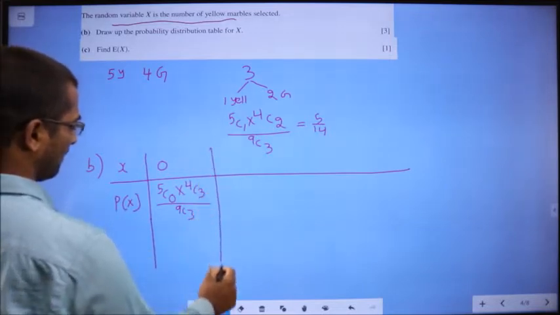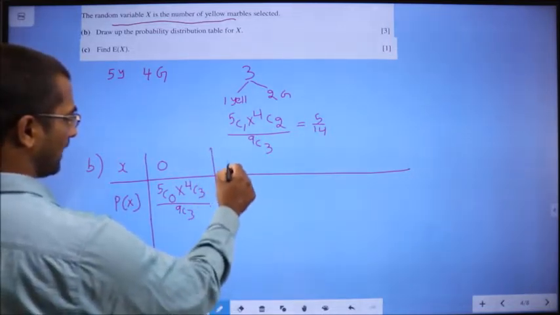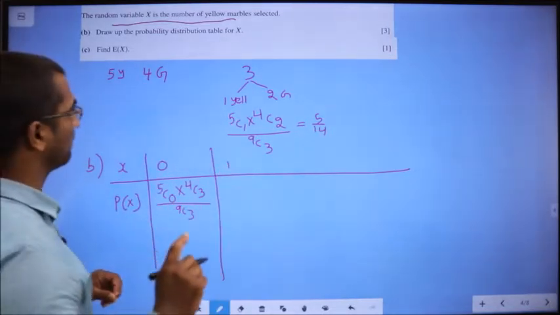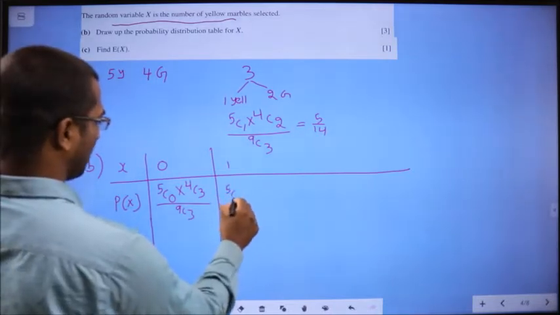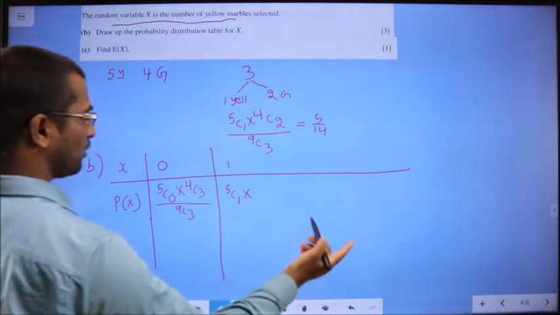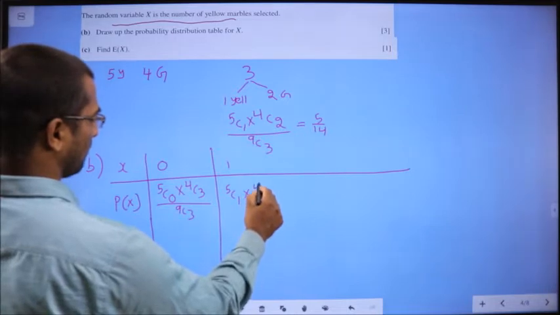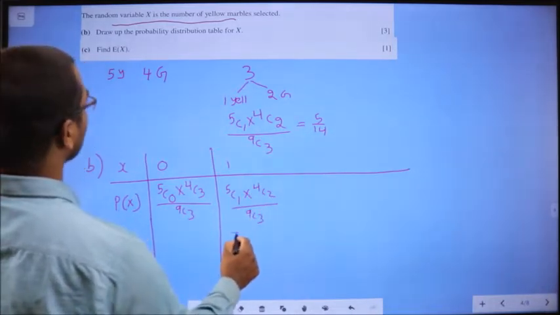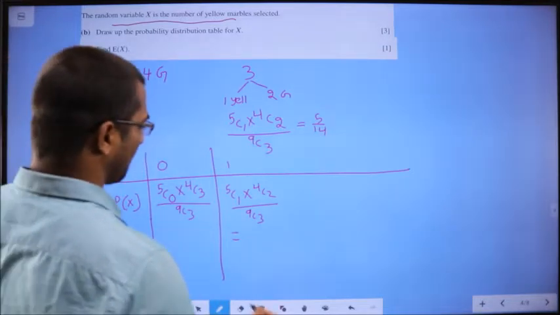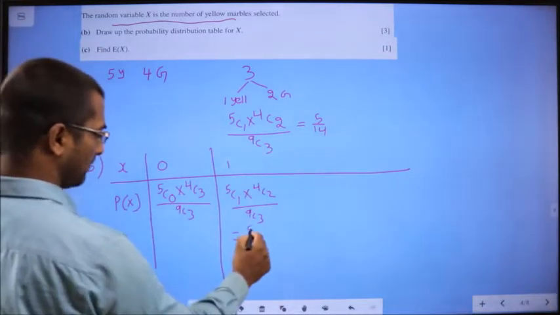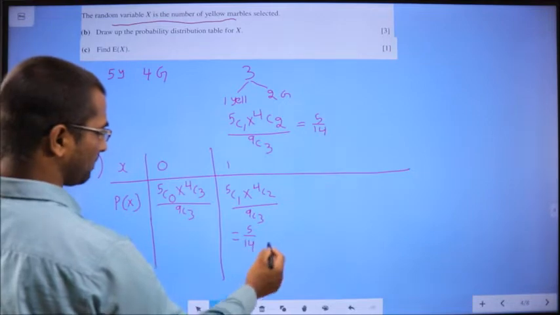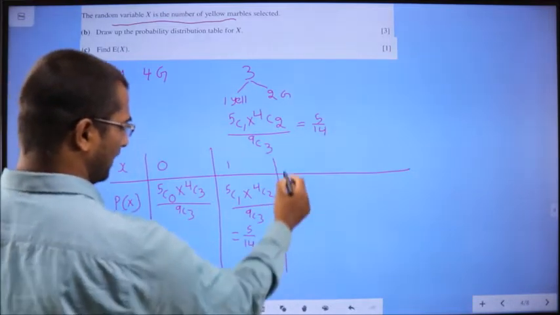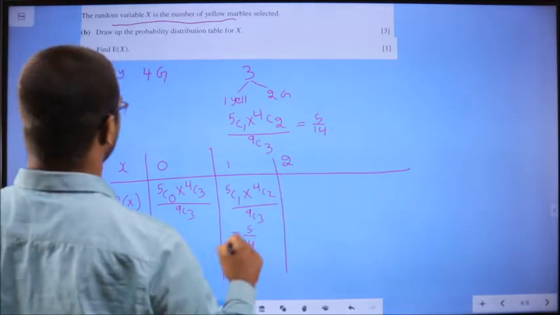Okay. Next, let us say you are selecting one yellow. So 5C1 and the other two have to be green. So 4C2 by 9C3. Okay. I think this we already found here, 5 by 14. Next, let us say you are taking out two yellow.